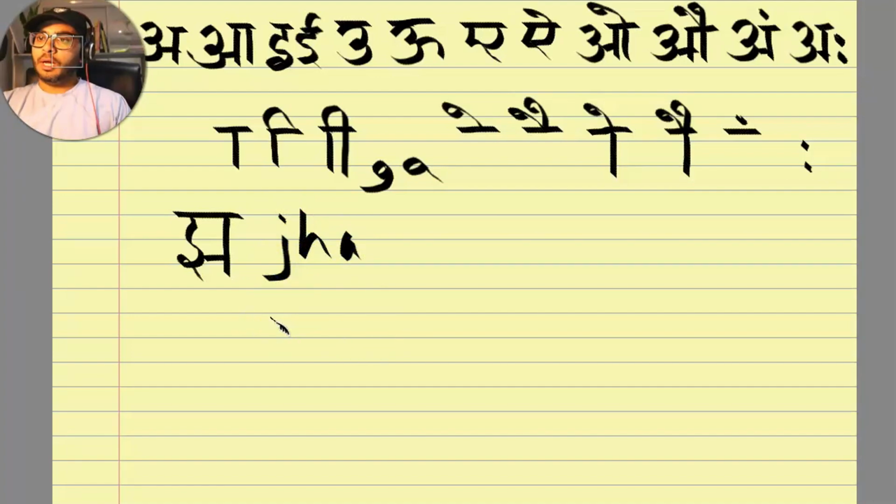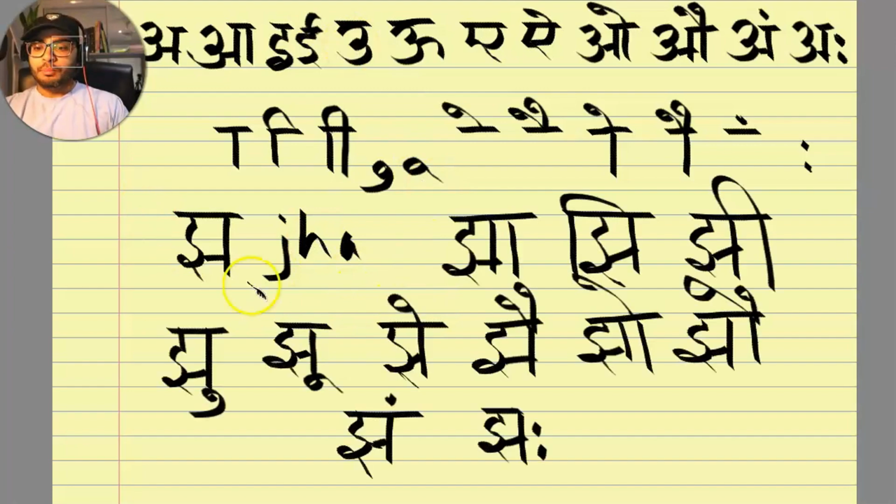I don't think there is any sound similar to this in English, but in Nepali, a word that uses this sound would be jharana, and that basically is waterfall. Barakhari for this sound would be jha, jha, ji, ji, ju, ju, je, jai, jo, jau, jam, jha.